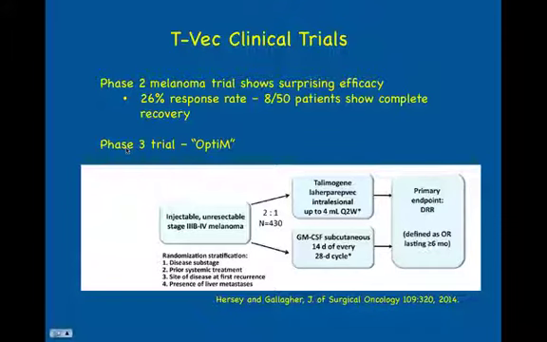So this phase 3 trial is OPTI-M, which is the one that just completed and caused Amgen to buy out TVEC. So you have an injectable, unresectable stage 3B to 4 melanoma, and then you give up to 4 mils of this.